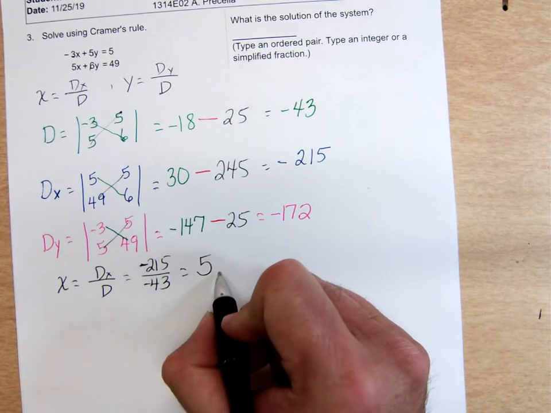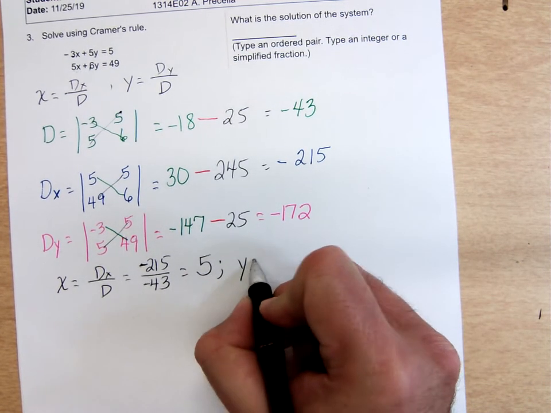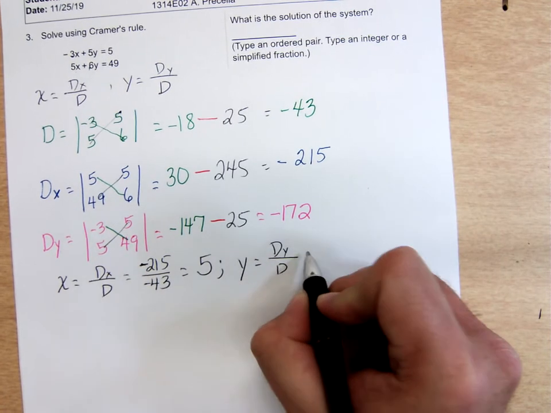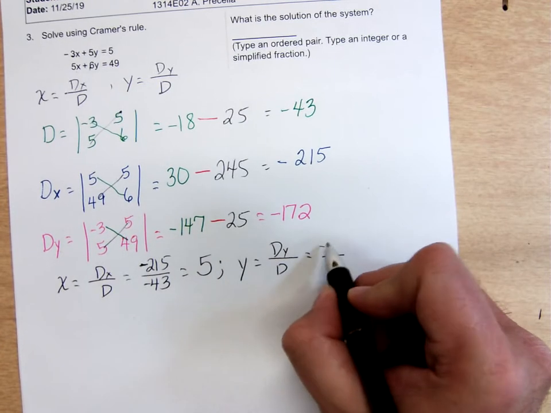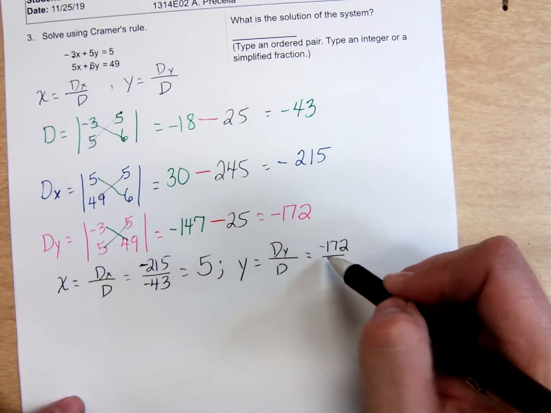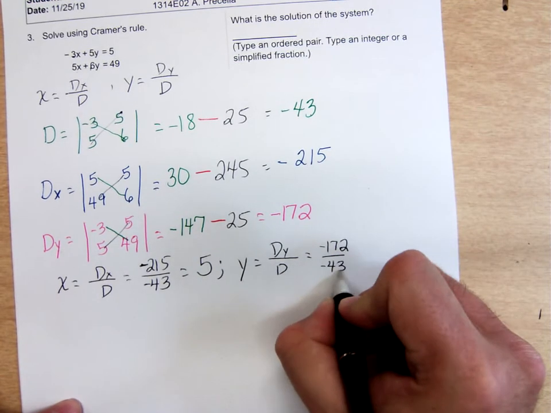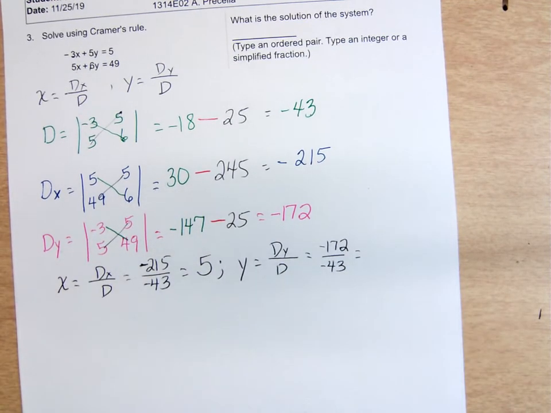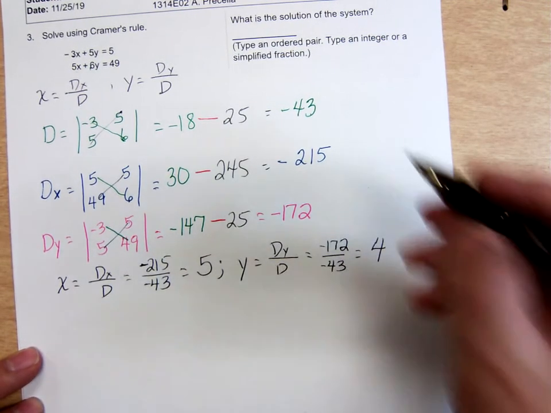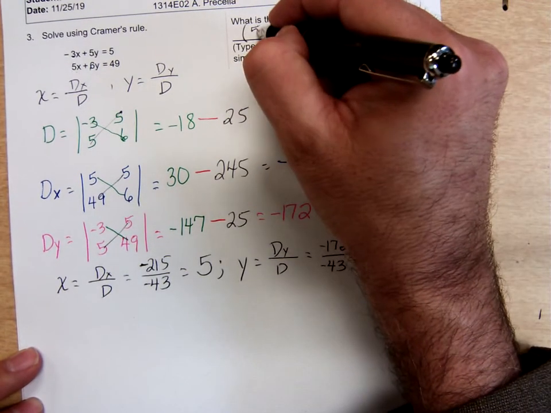Y is dy over d. So dy is negative 172. D is negative 43. So negative divided by negative is positive. Is that going to be a 4? Let's see. I'm thinking it is a 4. So our answer here is 5, 4.